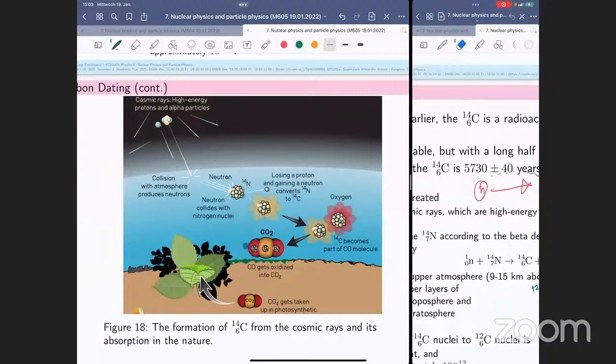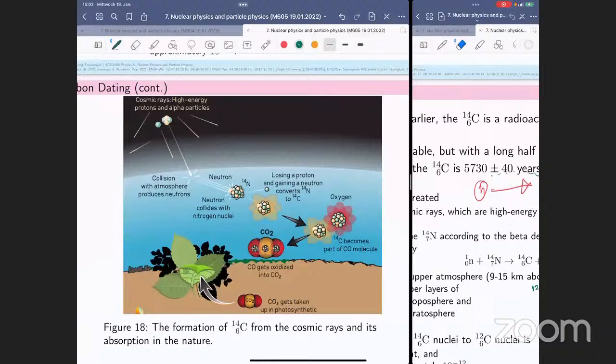And animals like cow, pig, and other pets will eat the plants, and so carbon 14 will stay inside the body of the animal. And when the human is hungry, they just take the meat from cow, beef, pork from pig, chicken and so on.